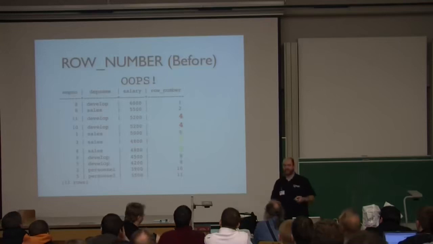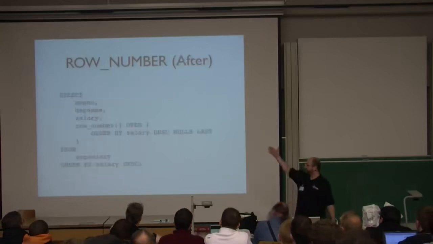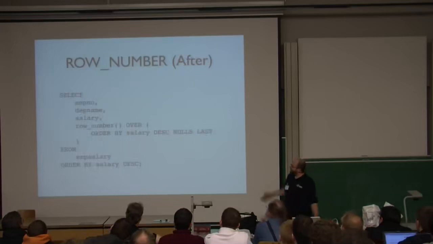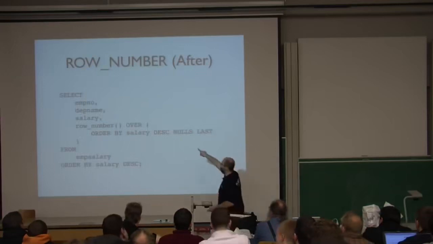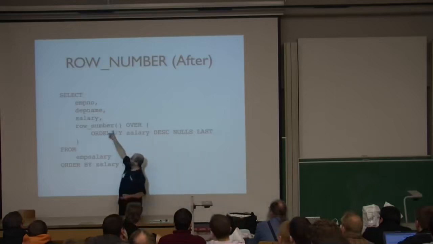This is why the SQL standard has these windowing functions which allow you to do this. Instead of cross joining the table to itself, you just select from the table, and then you have this construct here where you have a windowing function.